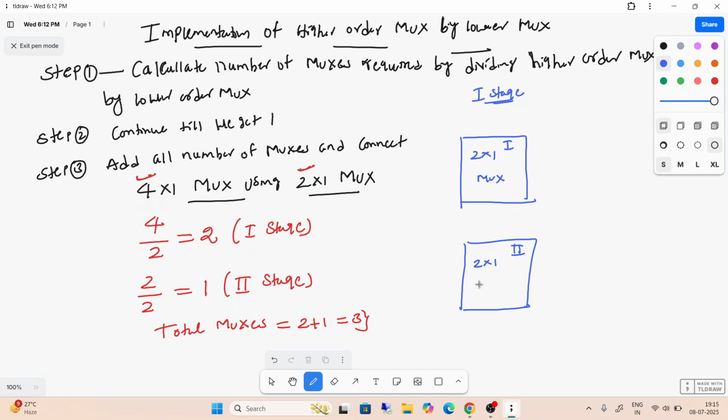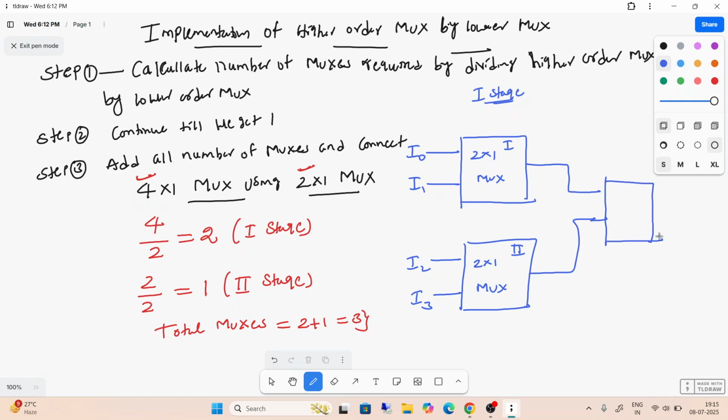The inputs are I0, I1, I2, and I3. These outputs are given to the third 2 cross 1 mux in the second stage, and this is output Y.